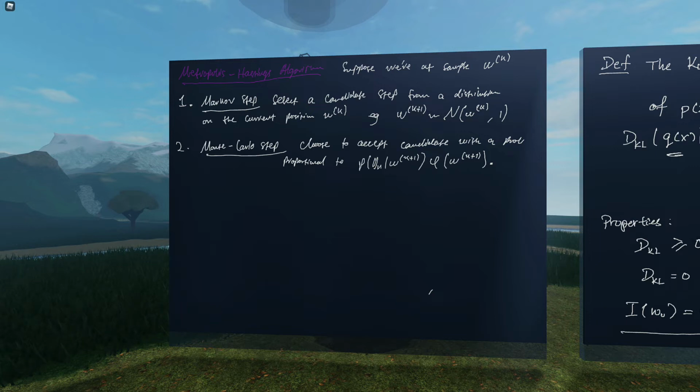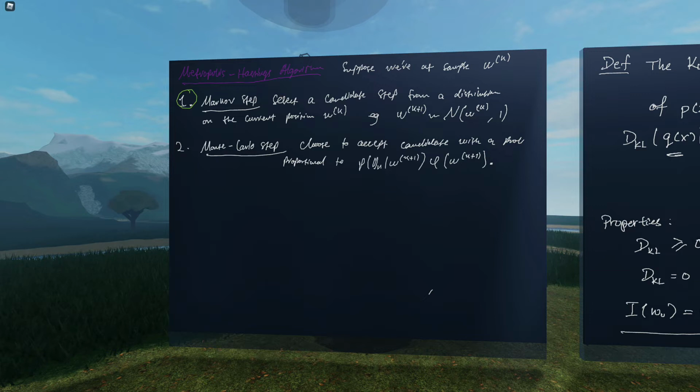If we didn't have this step, then all this process is doing is basically just stochastic gradient descent. It's picking some random direction in the first step, and then it's saying, okay, is this better or worse than where I was before?